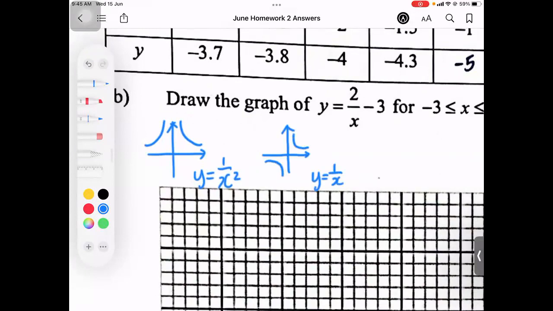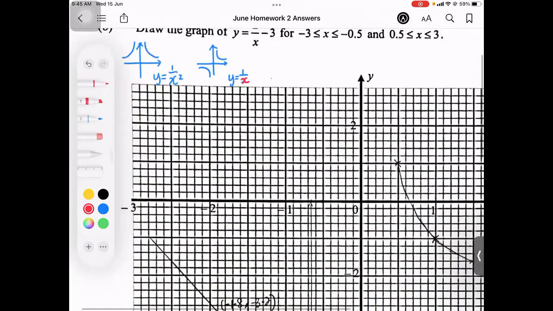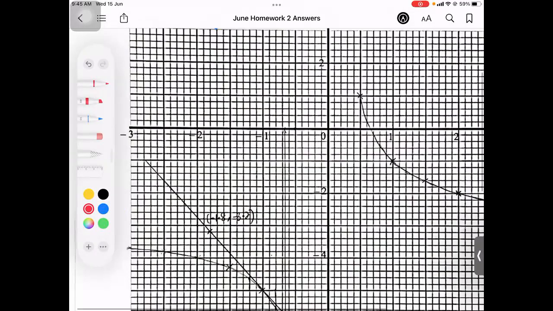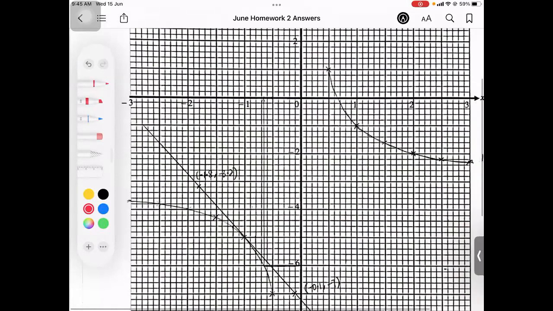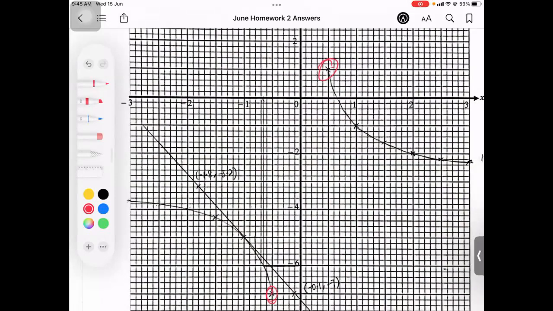Why is that so? Because when x is equal to 0, 1 divided by 0 has no values. So it's technically impossible to join up the 2 points in between here. There's no need to join up the curve at all, because when x is equal to 0, it will go to infinity.